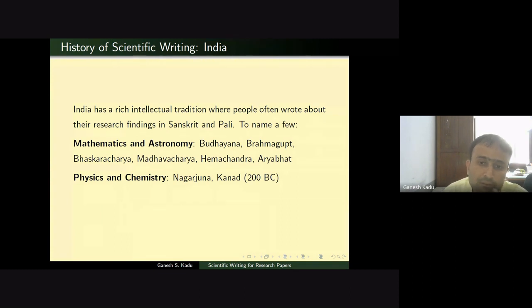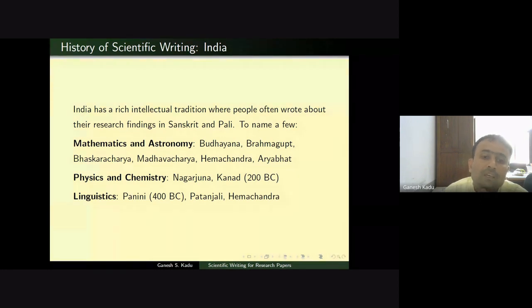You will find the origin of atomic theory, for example, in the ideas proposed by Kanath. In Nagarjuna, you will find some ideas about chemistry. Then in linguistics, you have Panini, and this is one example I want to highlight.